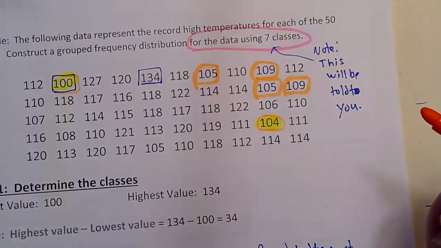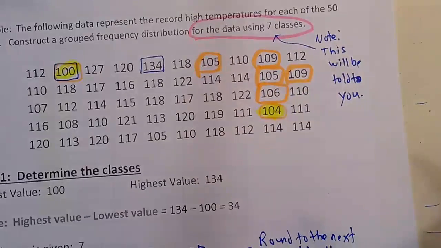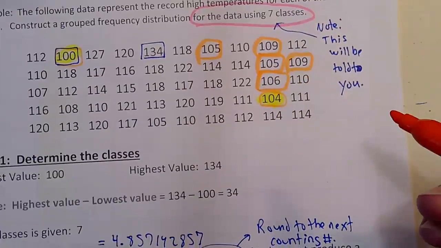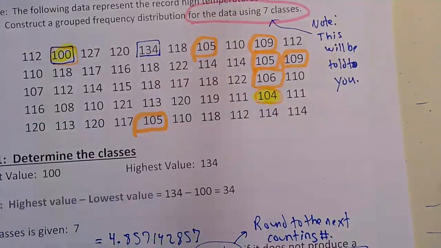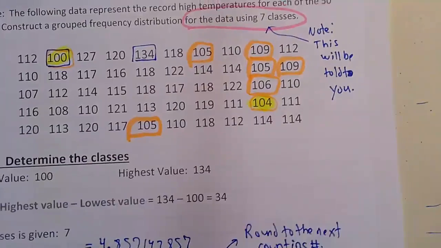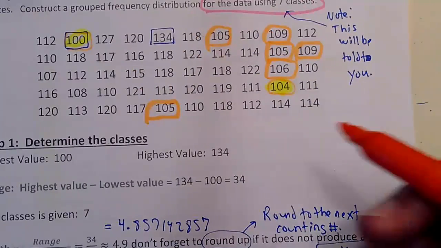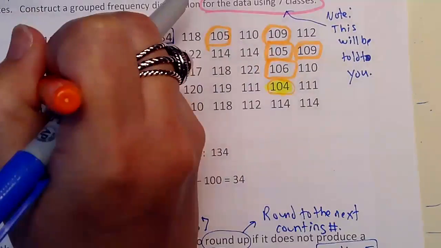So less than 109.5. 106. So I have 1, 2, 3, 4, 5. So I need 3 more. It's 105. So let's 109.5. Here's 108, and there's 107.